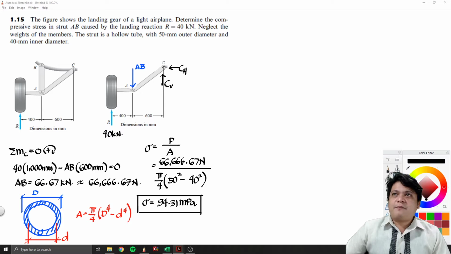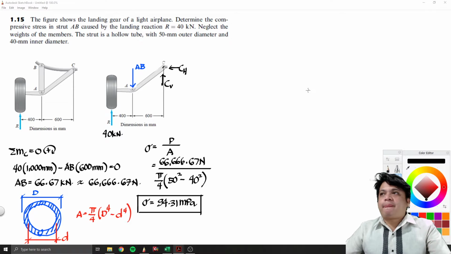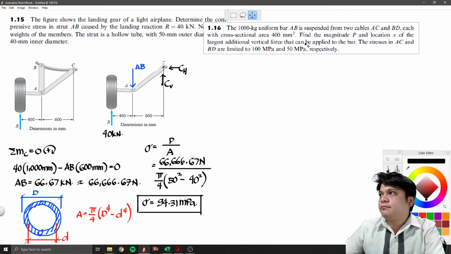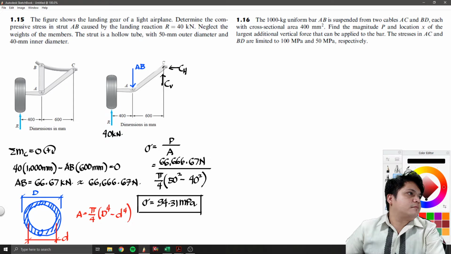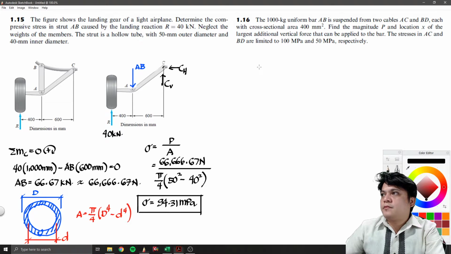So, copy, and then I'll post another problem. Maybe this one.